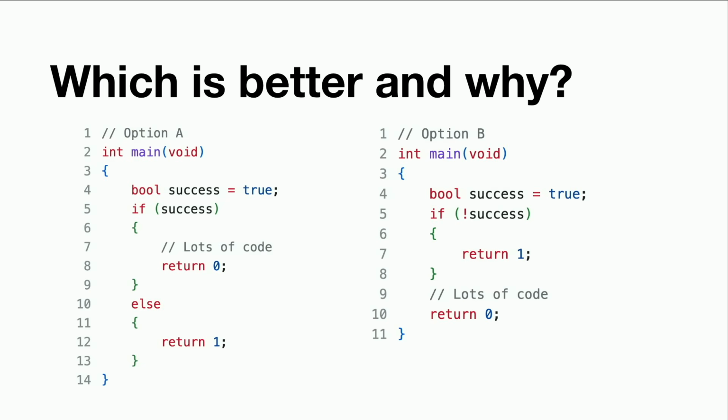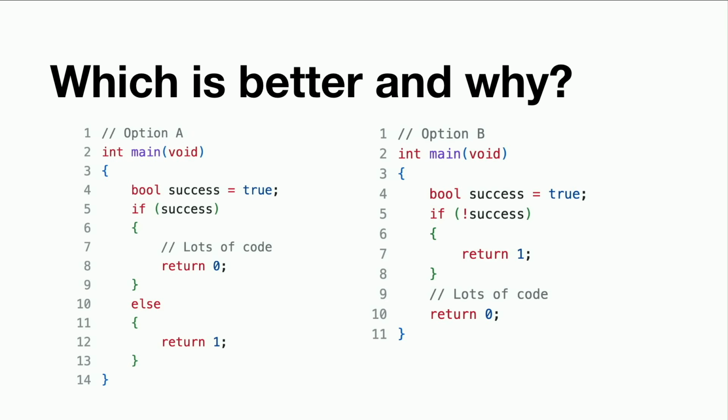Yeah, so what's going on in this program is that we have some Boolean that's storing either true or false, and we want to check if that is true. If success is true, we're going to do a lot of code. We're going to run a lot of things.